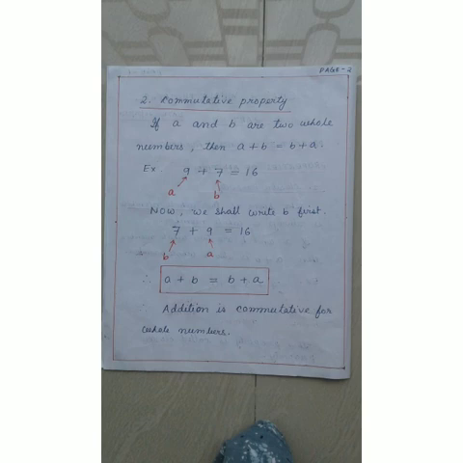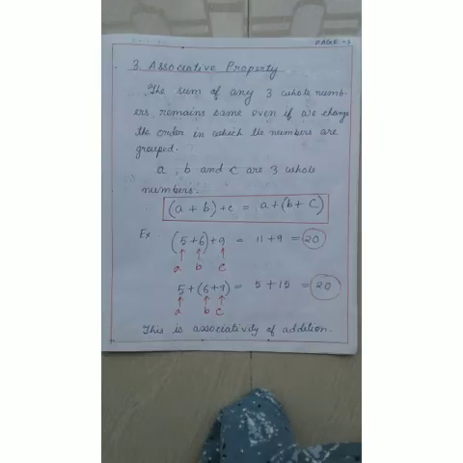Property number 3 is associative property, where we shall have three whole numbers. The sum of any three whole numbers remains the same even if we change the order in which the numbers are grouped.